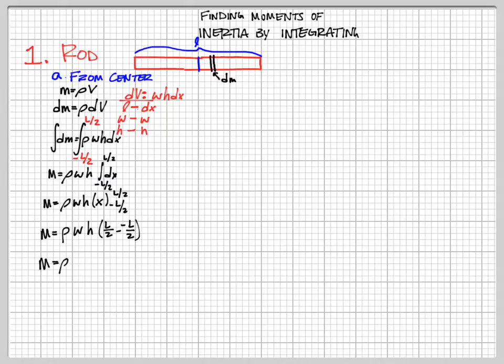But again, when it's done, it just comes down to rho times width times height times length. Rho times the volume, which should be familiar to you. Now, we plugged in the limits, but like I said, we just added up all the little pieces of dx to get our total length.